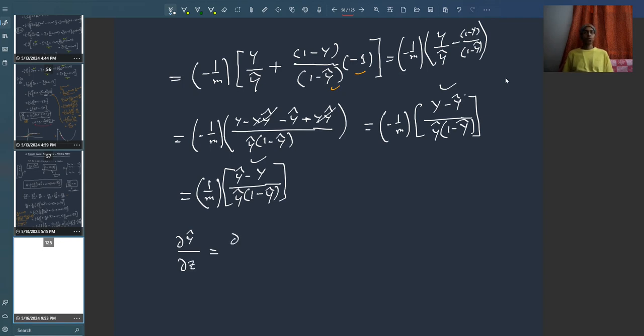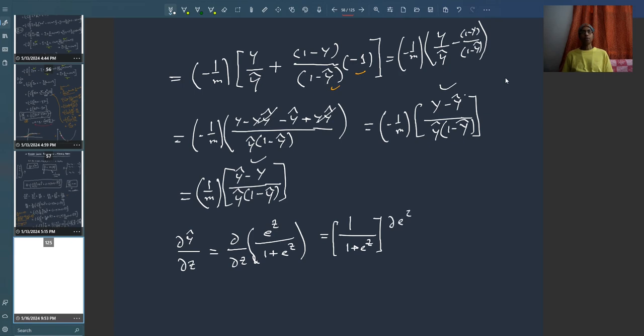This is equal to del z, del z e to the power z by 1 plus e to the power z. This is how it works. This is equal to 1 by 1 plus e to the power z. This we keep constant in the first of the terms.